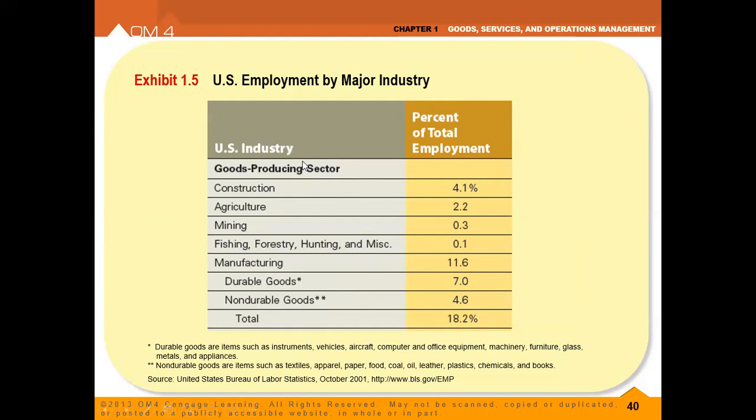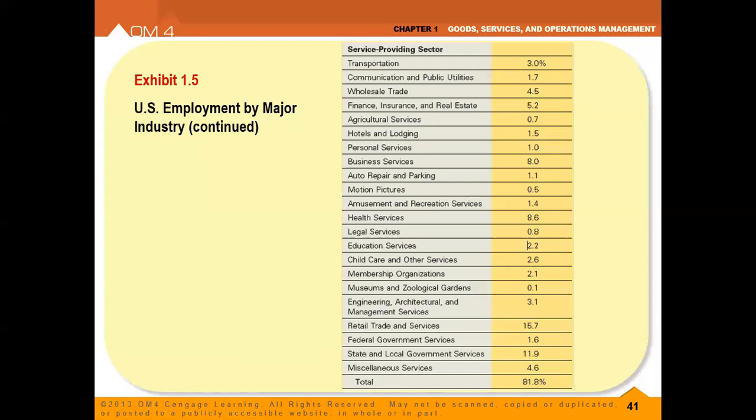So service has a bigger part in terms of employment. So these are the service sectors. They have like 80%. Business service 8%, health services 8.6, retail almost 16, state government almost 12, state or local government almost 12. Okay, so you see that, and then finance 5%, wholesale 4.5%.